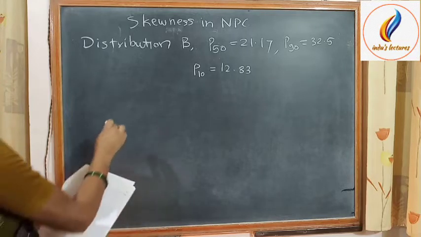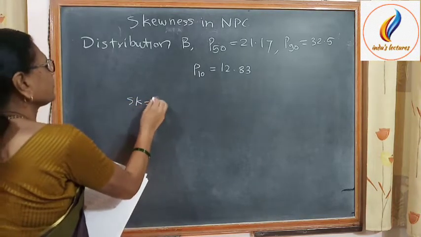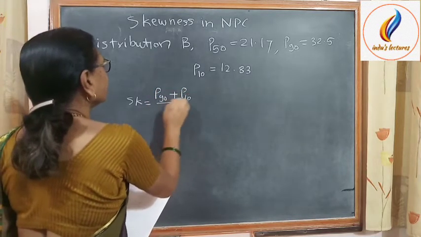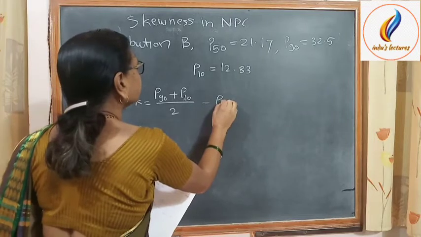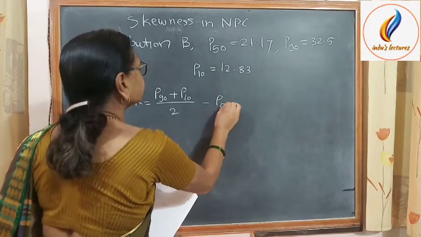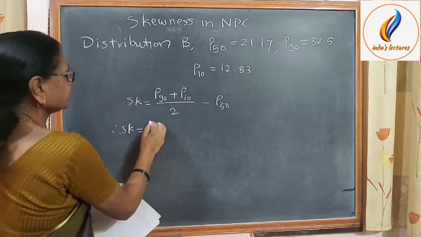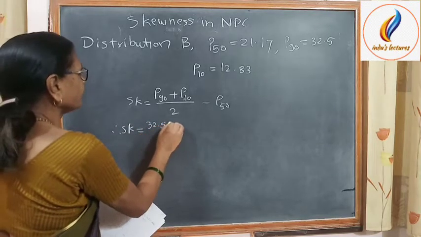And by using the formula we can calculate the skewness of the distribution B. So Sk is equal to (P90 plus P10) upon 2 minus P50.